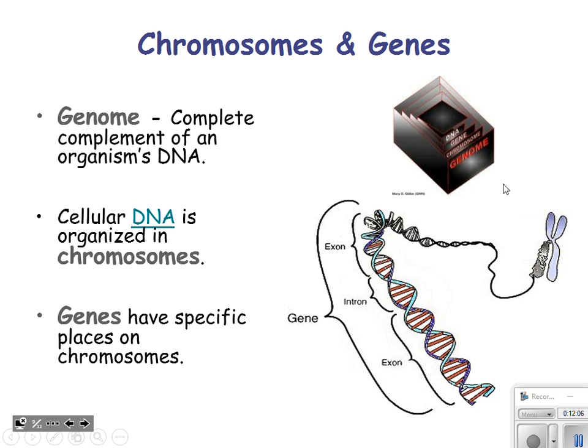Specific places have specific genes. If you remember, we talked about a disease called hemophilia. What specific chromosome was that on? The X chromosome. What else did we deal with on the X chromosome? Color blindness. Those are all genes located on the X chromosome.